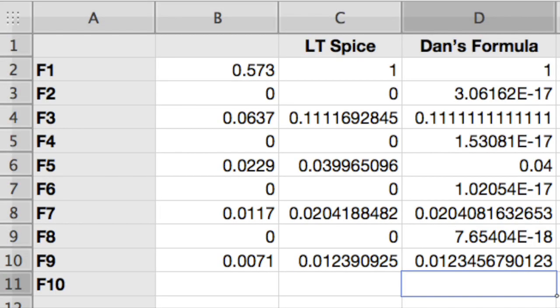So, my formula, which is based off David Hall Wilson's formula, predicts the amplitude of the harmonics of a triangle wave. LT Spice didn't even know that there was such a thing. They didn't realize harmonics are not random. Harmonics are predictable.